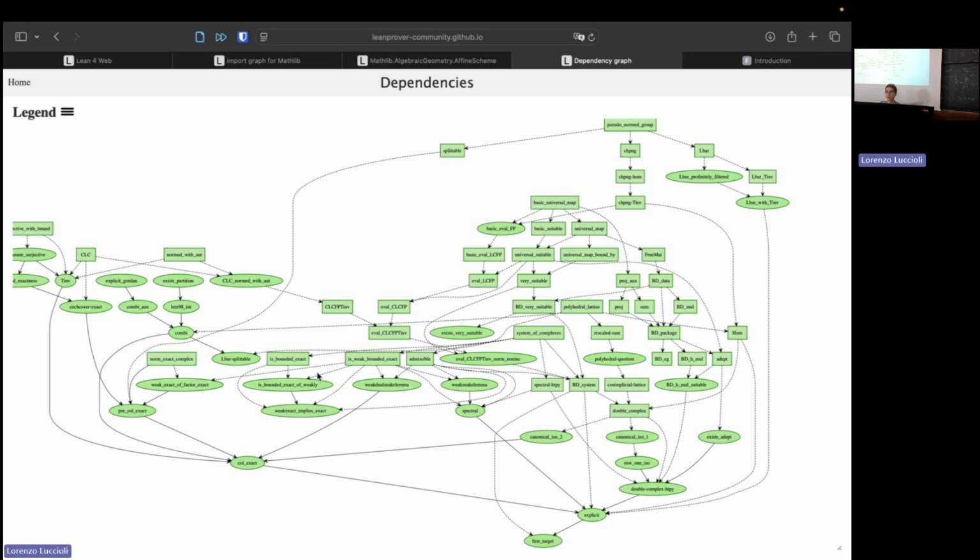Someone has to check that, because everyone can contribute to a project like this, and maybe from the blueprint I have to write a definition or a lemma, but if I write it wrong, someone has to check it. Maybe I've written a similar and still true lemma, but it's not the one that is in the blueprint.